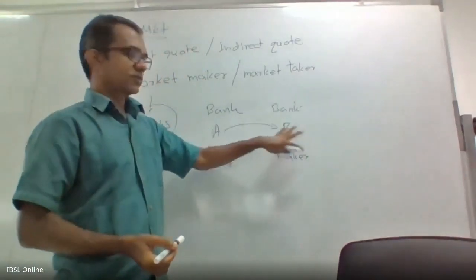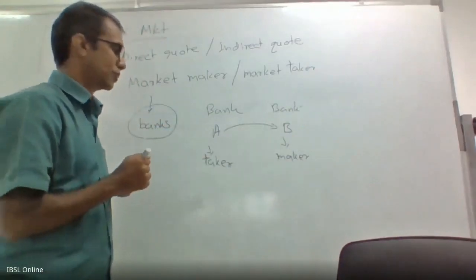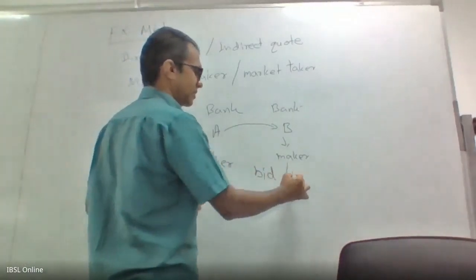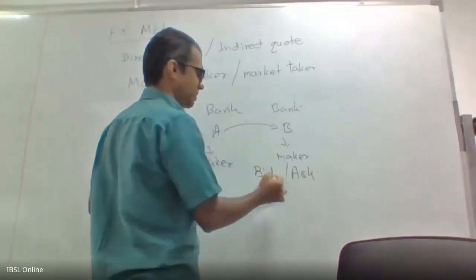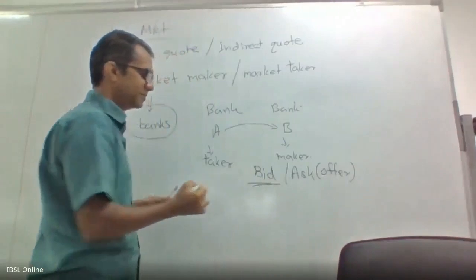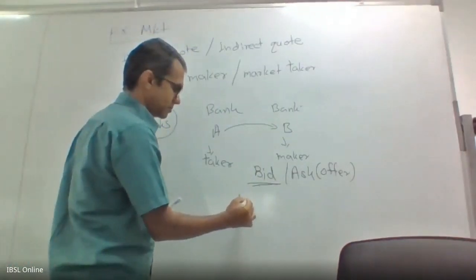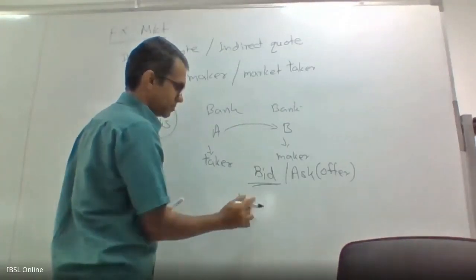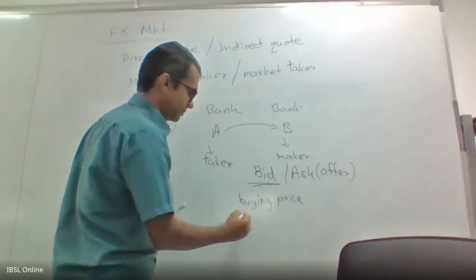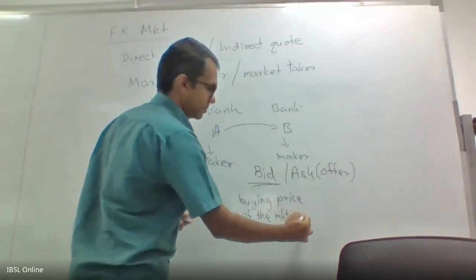So whenever a bank quotes a price, the bank gives two quotes, two prices. We call it bid and ask, or bid and offer. What is the bid? It is the buying price of the market maker.